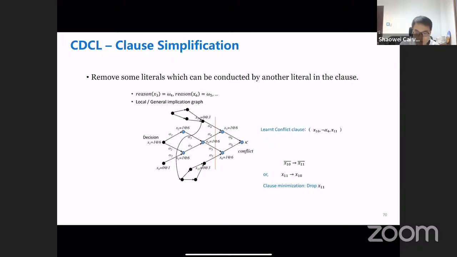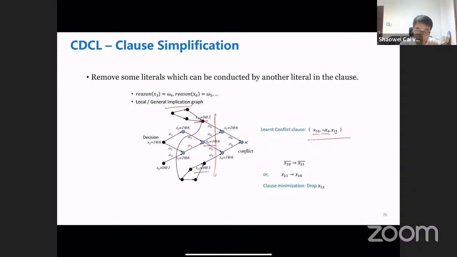And one way to do this is to consider the implication. For example, here the learned clause corresponds to this cut here. Then this learned clause is x10 to true and x4 to 0 and x11 to 0, right?